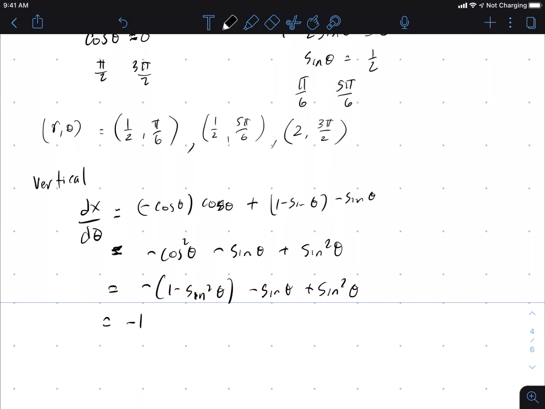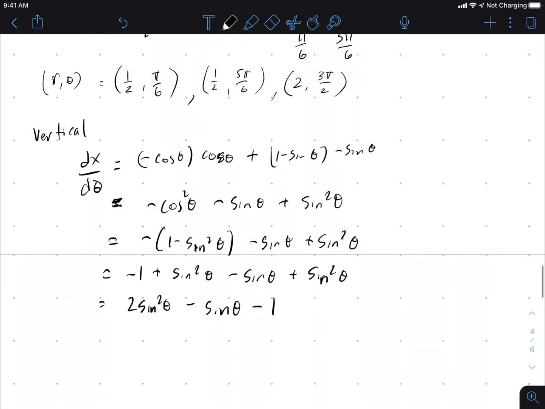That's going to give me negative 1 plus sine squared theta minus sine theta plus sine squared theta, which will yield 2 sine squared theta minus sine theta minus 1. And I think that's factorable.